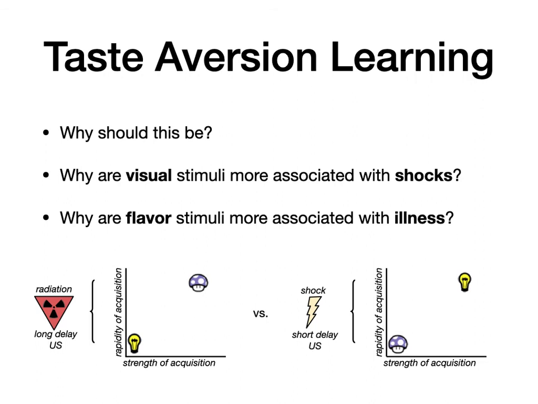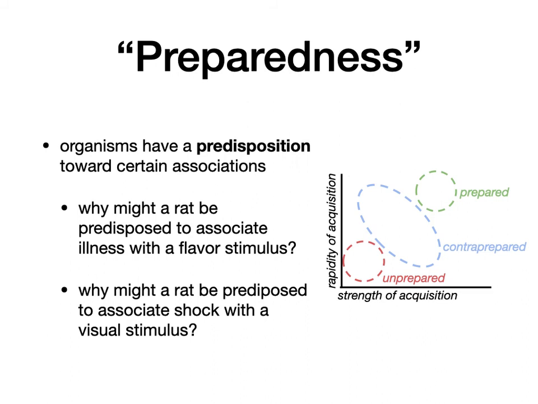Light doesn't typically make you feel ill, whereas flavor doesn't typically make you feel external pain. This is called preparedness. So organisms have this predisposition towards certain associations. Why might a rat be more ready to associate illness with flavor? Let me think about that for even half a second.